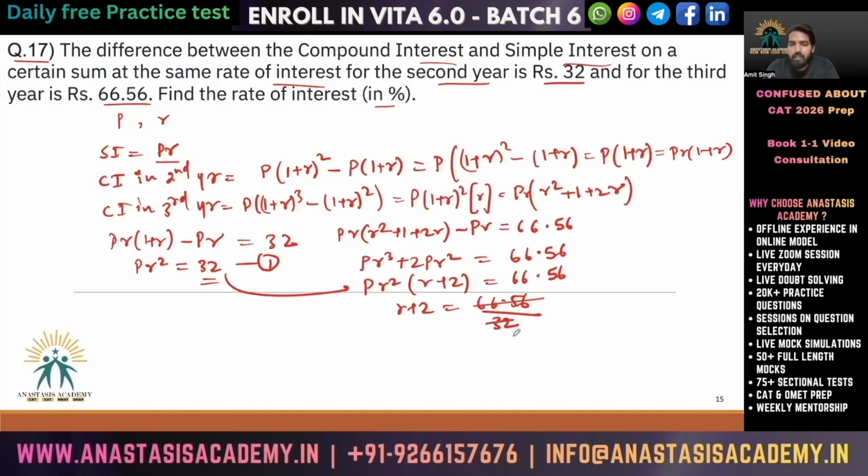I can cancel them with 8. 8 4 times 32, 8 times is 64. 8 3 times 24, 2 times is 16. So R plus 2 is 2.08, right? So R would be equal to 0.08. What does that mean? Our percentage would be 8%. So the rate of interest would be 8%.